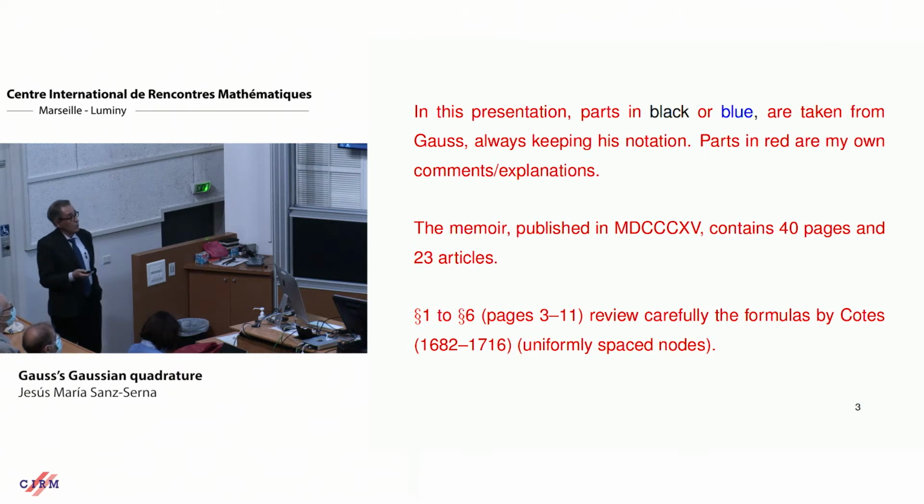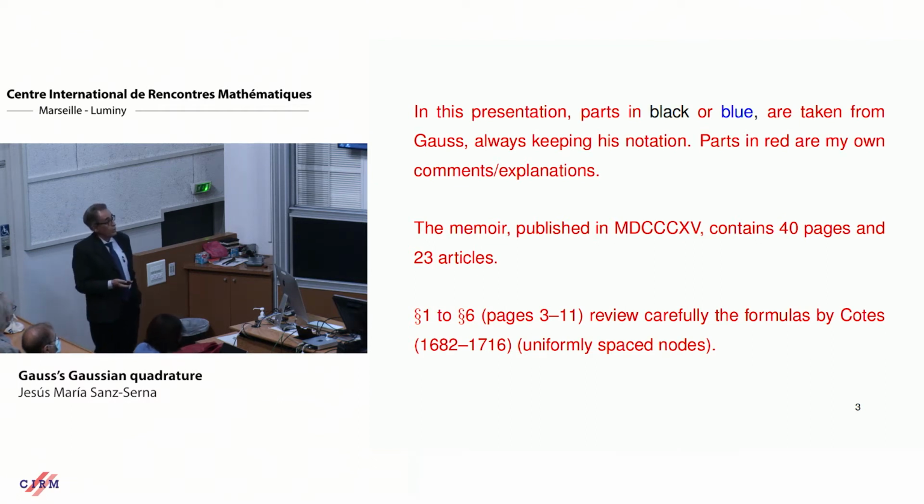So this booklet contains 40 pages and 23 articles, and the first pages are just a review of the formulas by Gauss on quadrature with uniformly spaced nodes.